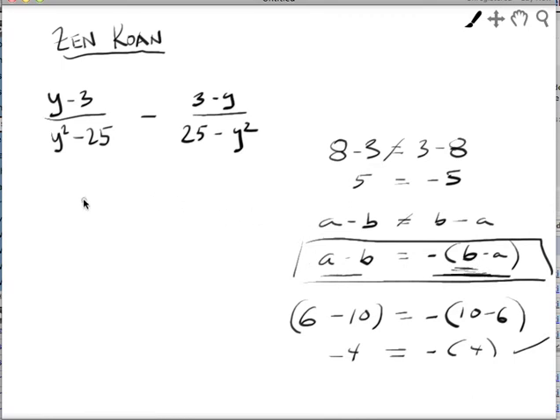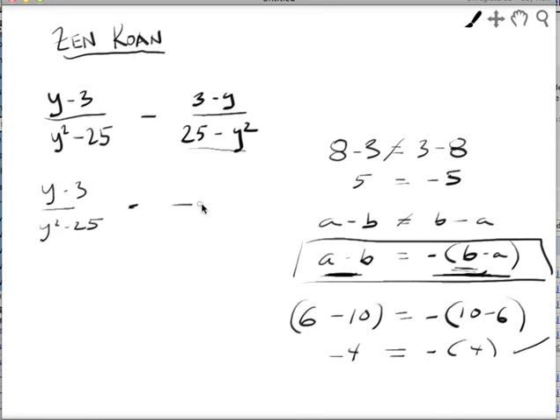So, in terms of my Zen koan, I like the order I have here. I like the unknown coming first. Also, I recognize this is a difference of two squares, but I'm not going to crack it just yet. Let's leave it the way it is, y squared minus 25. And now I have a minus sign. This can be replaced by this.